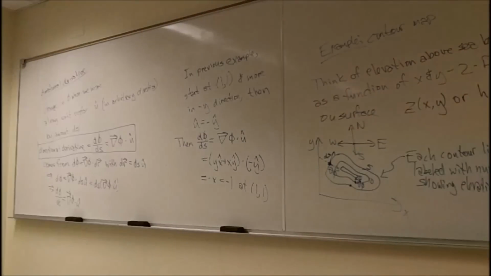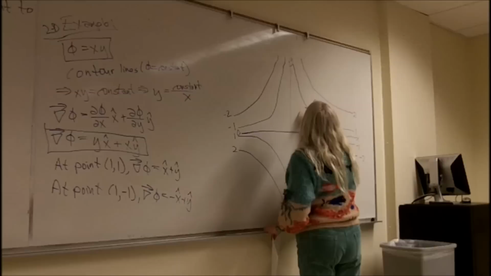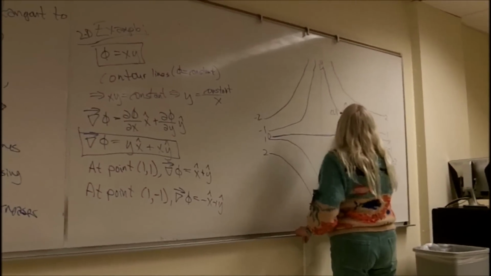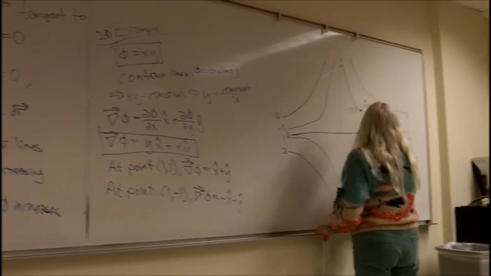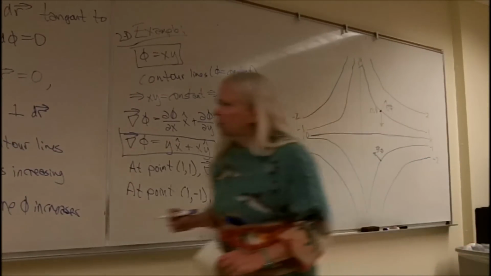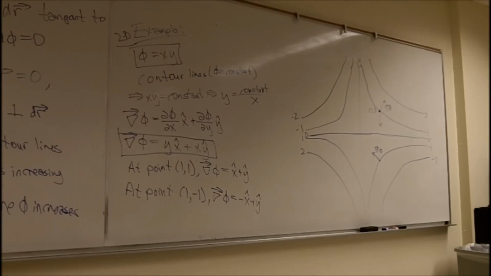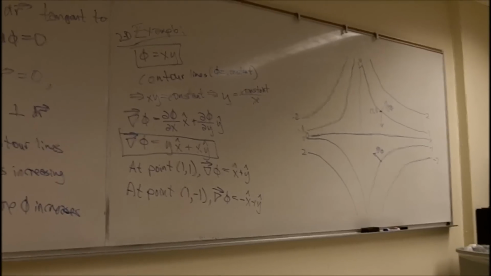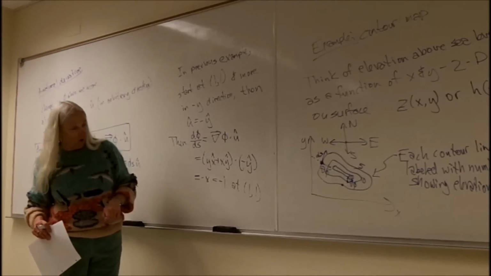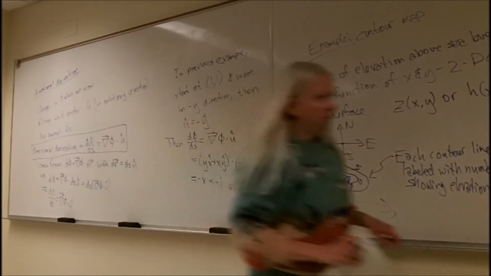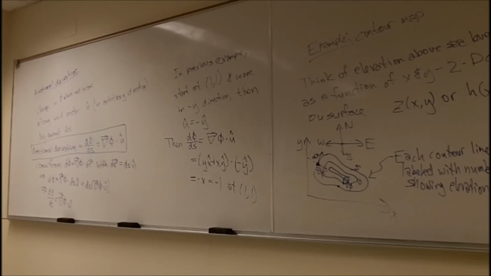So if I go back to my picture over here, right, I'm at the position 1, 1, which is right here. If I move in the minus y direction, namely like that, first of all, the minus sign tells me that phi is decreasing when I go in that direction, which kind of agrees with my picture, right?